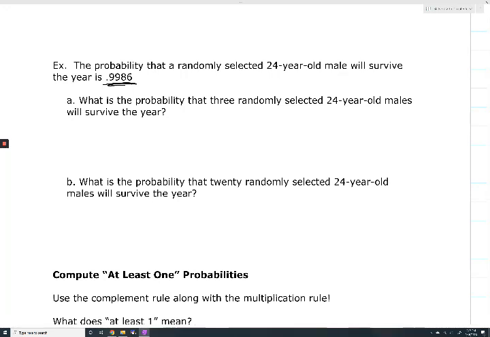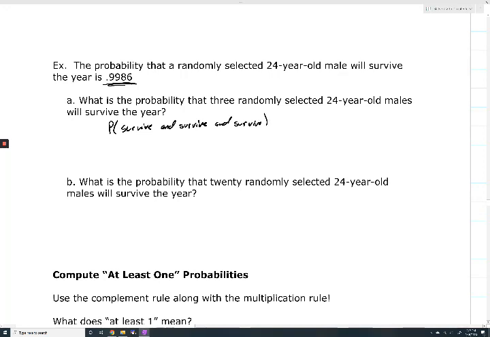So back to the question, what is the probability that 3 randomly selected 24-year-old males will survive the year? Well, what we're looking for is the probability of survive, and another person surviving, and another person surviving.